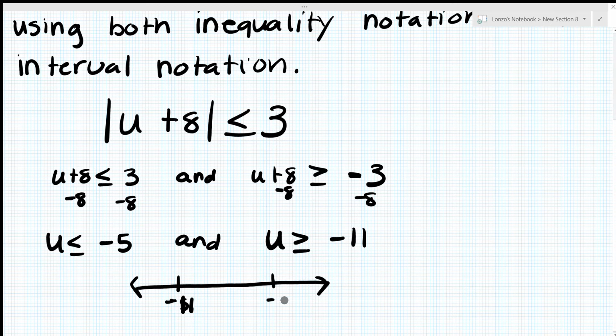So here's negative 5. We know there's an equal sign, so we're going to use a bracket. And then less than, and yeah, so it's going to connect like this. Or you can also use a dark circle and then connect as well. They're the same thing.